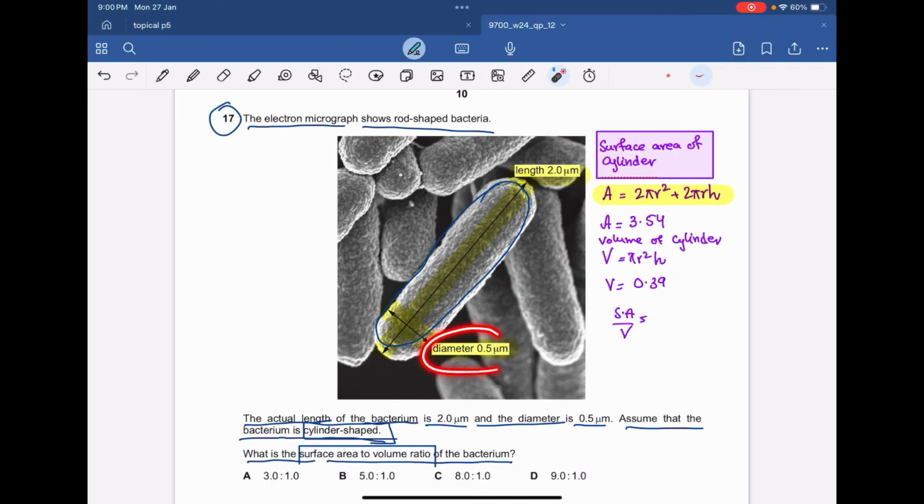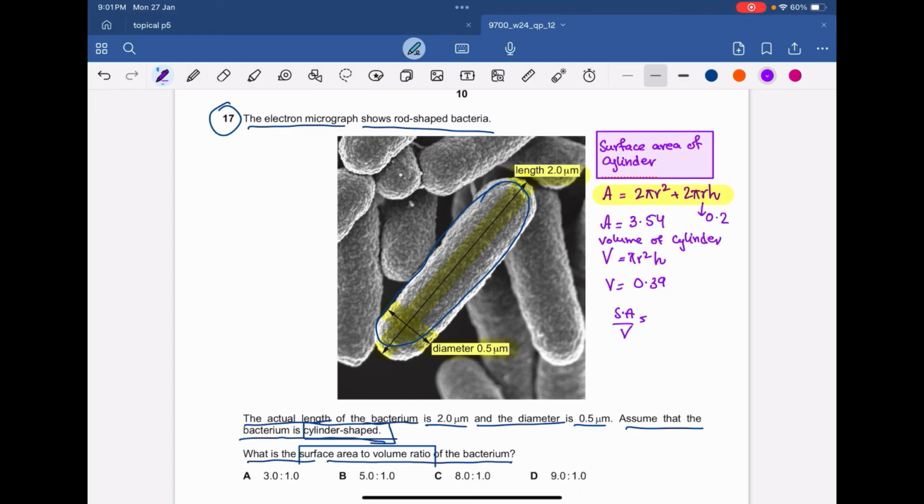We know that the diameter here is 0.5. To calculate the radius, we divide the diameter by 2, which is 0.5 divided by 2, and the answer we get is 0.25. So the radius is 0.25.